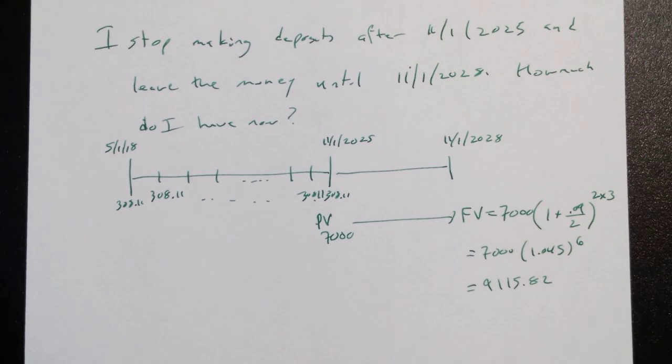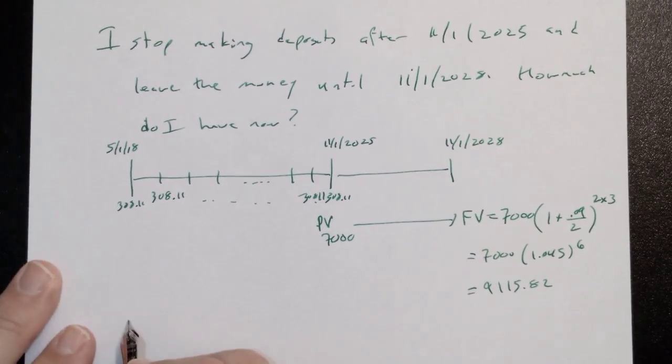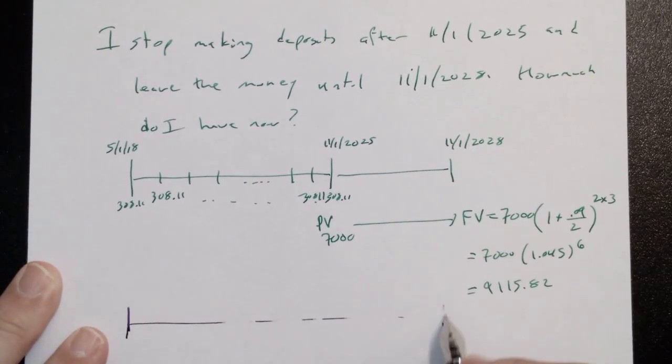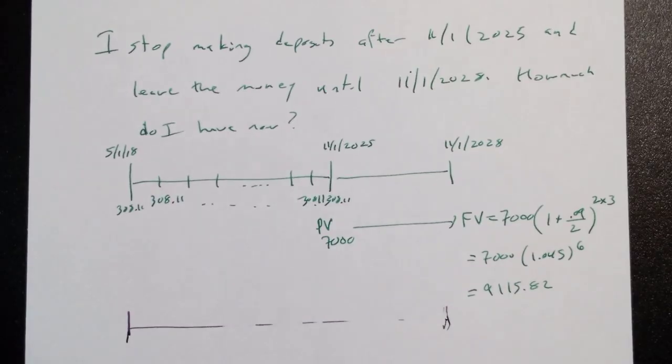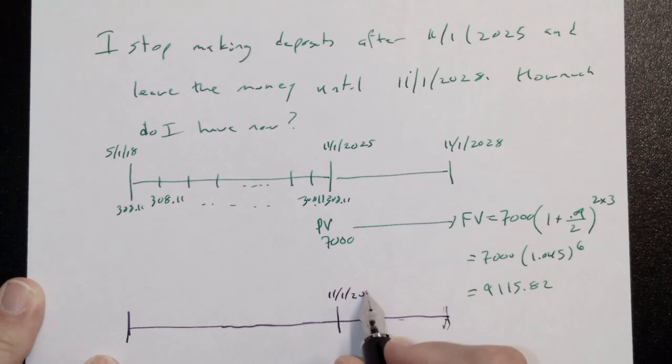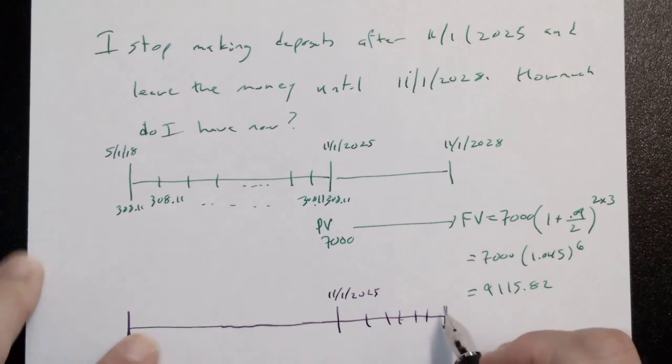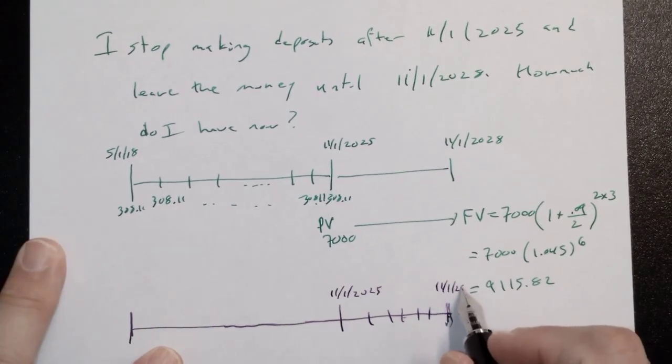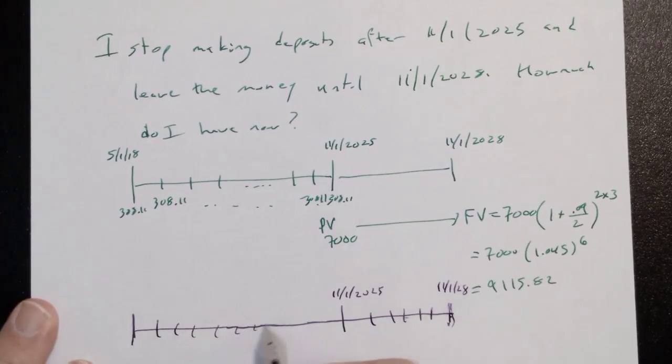The hard way to do it would be to imagine that we kept making payments all the way through here. So I made payments the whole time.